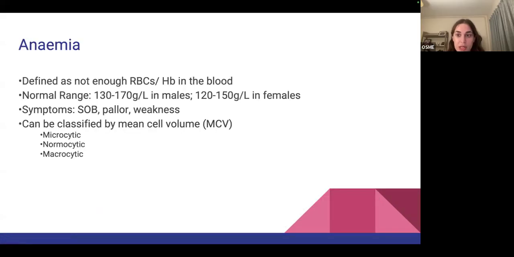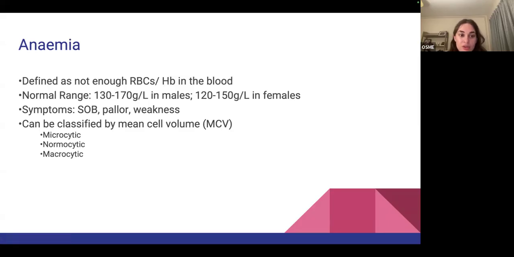So anemia, this will almost definitely come up in the formative and will probably come up in the actual exam as well. Although you probably had a lot of teaching on it, it's still good to go through this again. Anemia is essentially not enough red blood cells or hemoglobin in the blood.